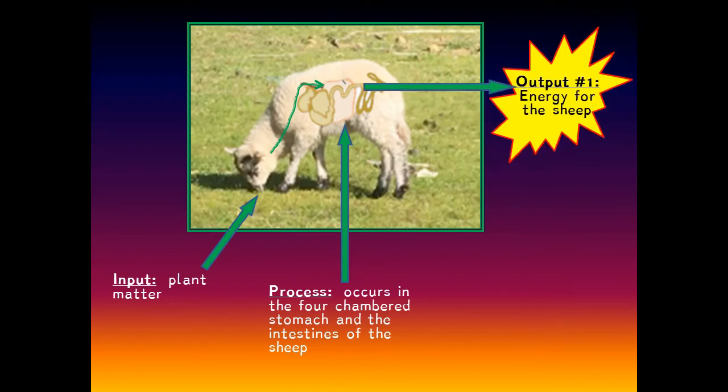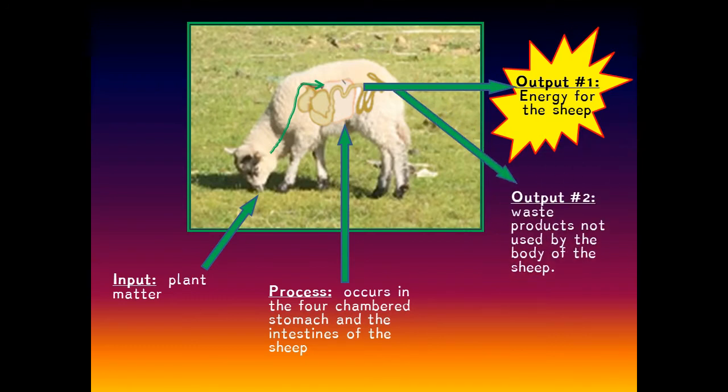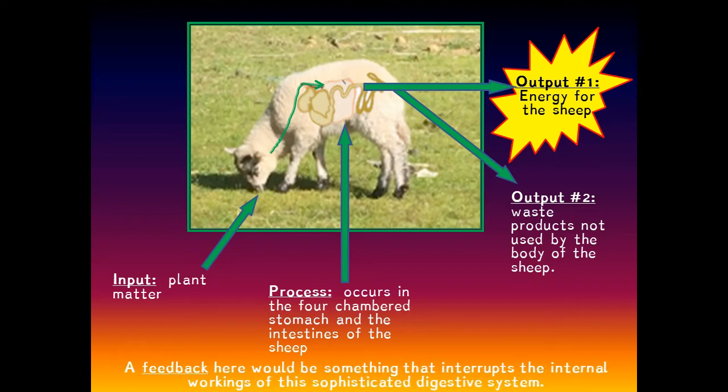The first output is energy that the sheep gets from eating the food. The second output, of course, is the waste products that are not used by the body of the sheep. Now, a feedback here would be something that interrupts the internal workings of this sophisticated digestive system.